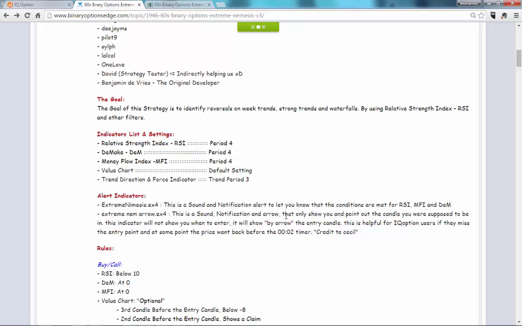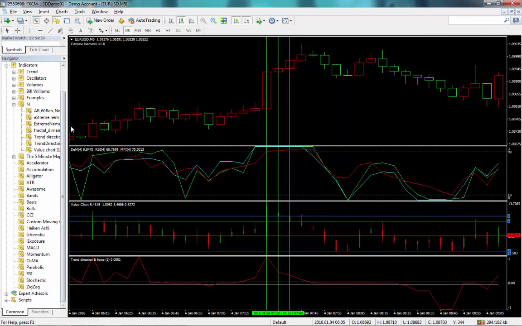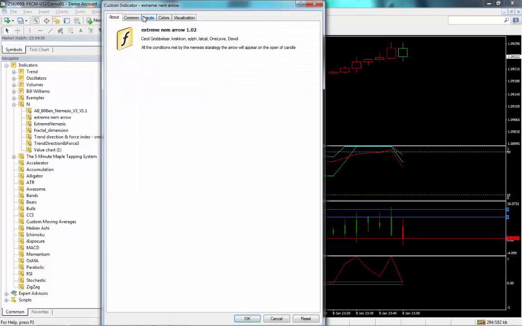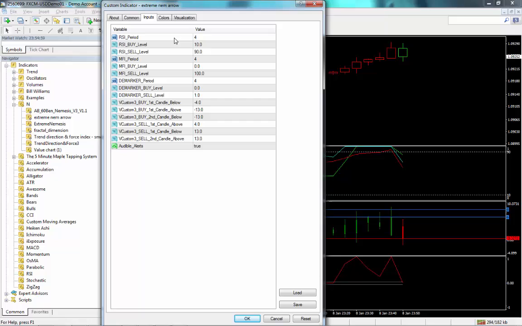Now, we originally made this for version 2. Where is it? Here we go. Input RSI 4. Yeah, we made this for version 2, as you can tell here.